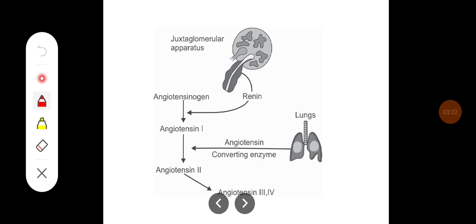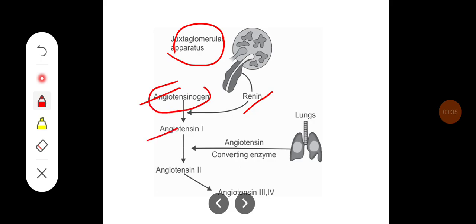The renin is produced from the juxtaglomerular apparatus, that is juxtaglomerular cells, and it is going to convert angiotensinogen into angiotensin 1. Angiotensinogen is produced in the liver, and the converted angiotensin 1 is going to be released into the circulation, where in the lungs, with the help of angiotensin converting enzyme, it is converted into angiotensin 2.